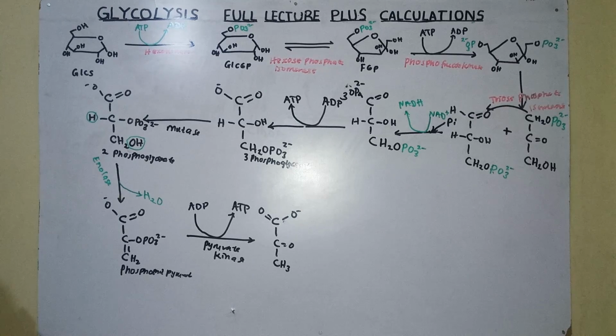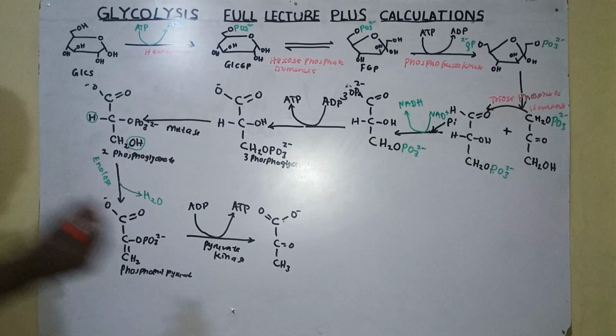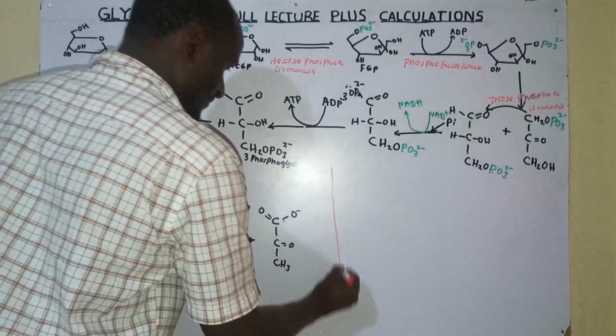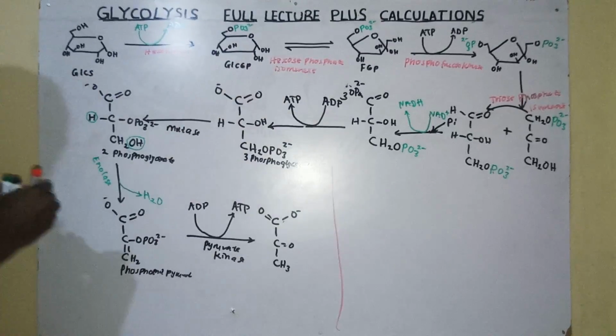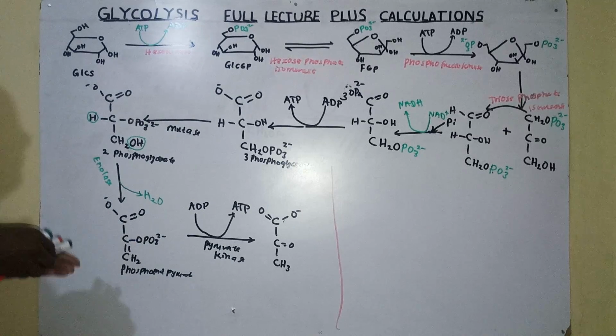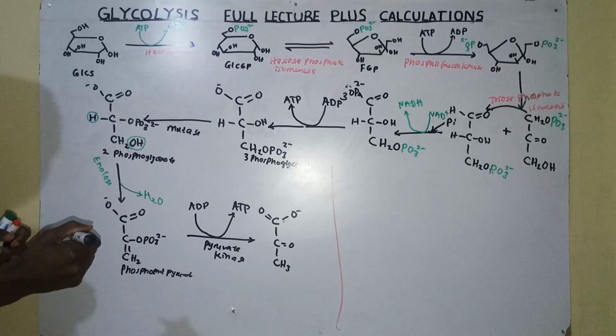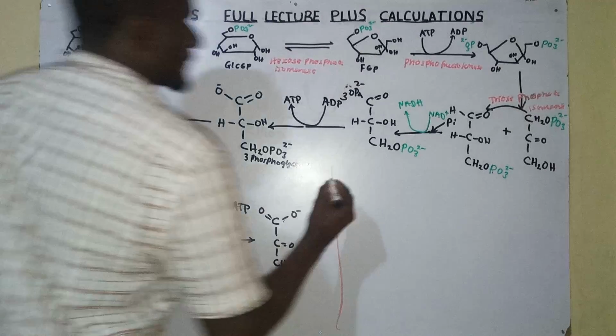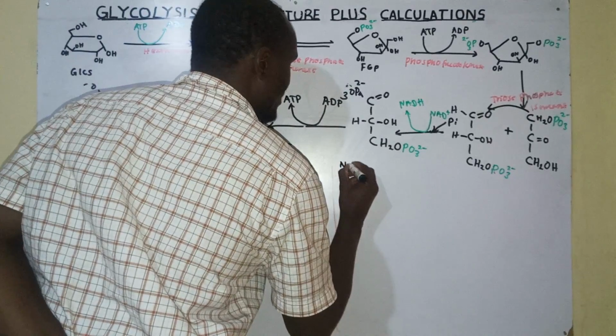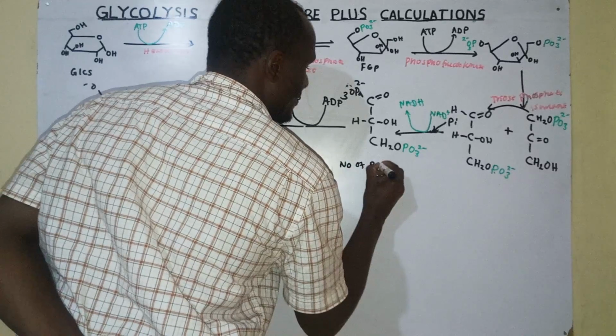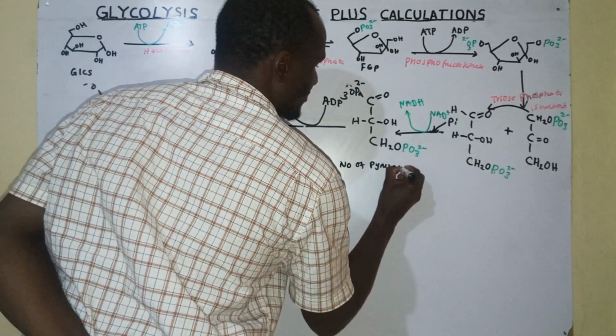So that is what happens, and that becomes our last step of glycolysis. So I want us to go directly to calculations of the molecules that are involved. The first molecule that I would like us to look at is pyruvate, the number of pyruvate molecules.